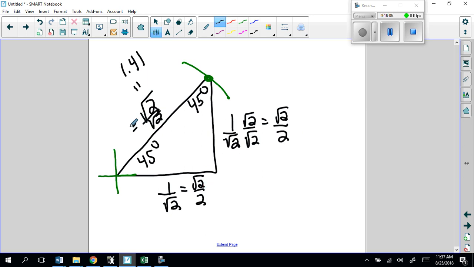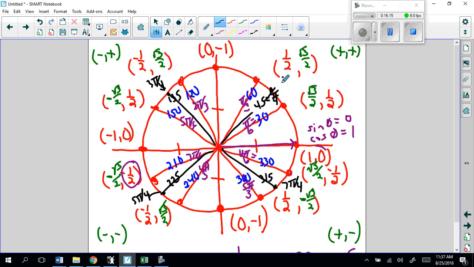So now that this has radius 1, we're allowed to plop it in. We go over the square root of 2 over 2, up the square root of 2 over 2. So this point is the square root of 2 over 2, the square root of 2 over 2. And obviously, minus the square root of 2 over 2, the square root of 2 over 2.